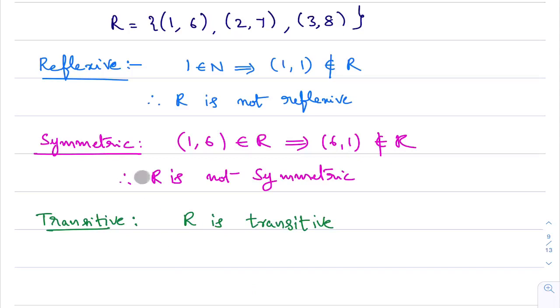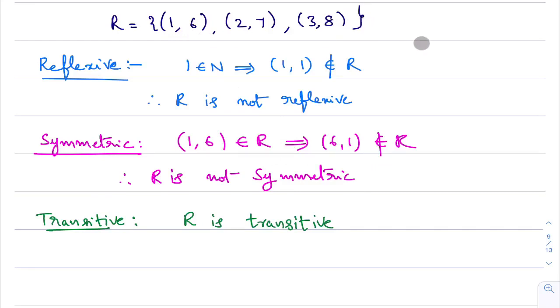Symmetric property. What is the symmetric property? You take an ordered pair A comma B in the relation. You check whether ordered pair B comma A is present in the relation or not. You take ordered pair 1 comma 6 in the relation. Is 6 comma 1 there in this relation? You check. Not there. So you identified an example which is not satisfying the symmetric property. So we can say that it is not symmetric. Suppose you took 1 comma 6 and 6 comma 1 were present somewhere here.